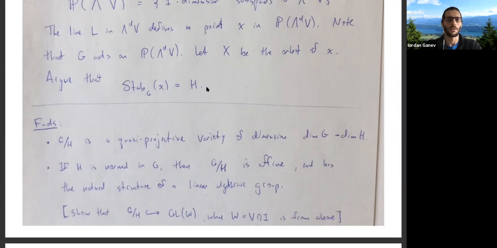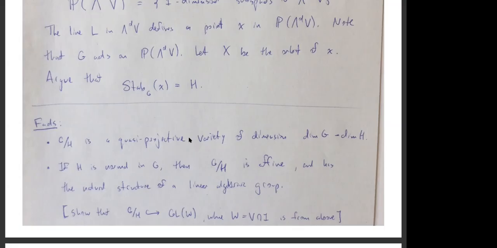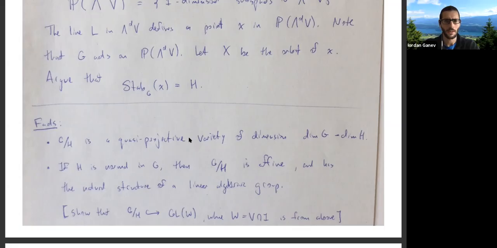There is a closed orbit though. Anytime we have an action of a group, there is a closed orbit. But yeah, it's not Zariski closed in general. Okay. Yeah, we'll see some examples later on.